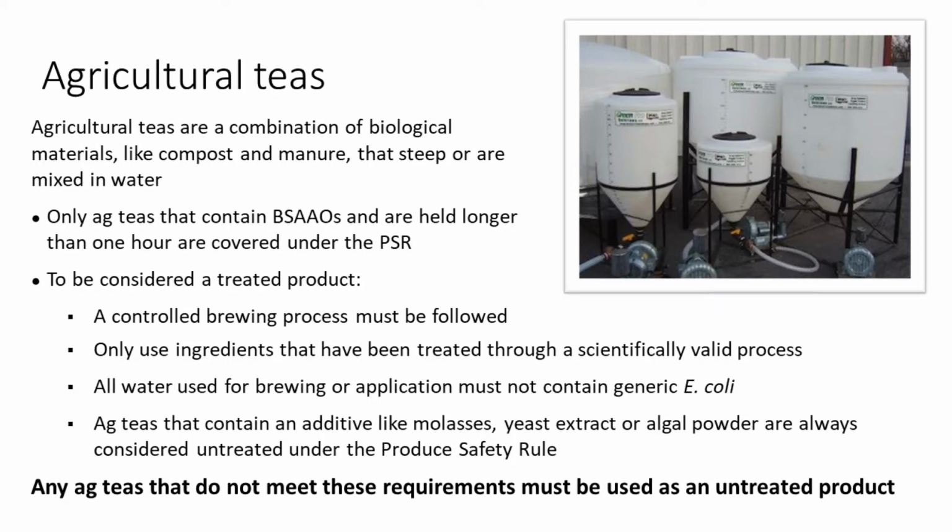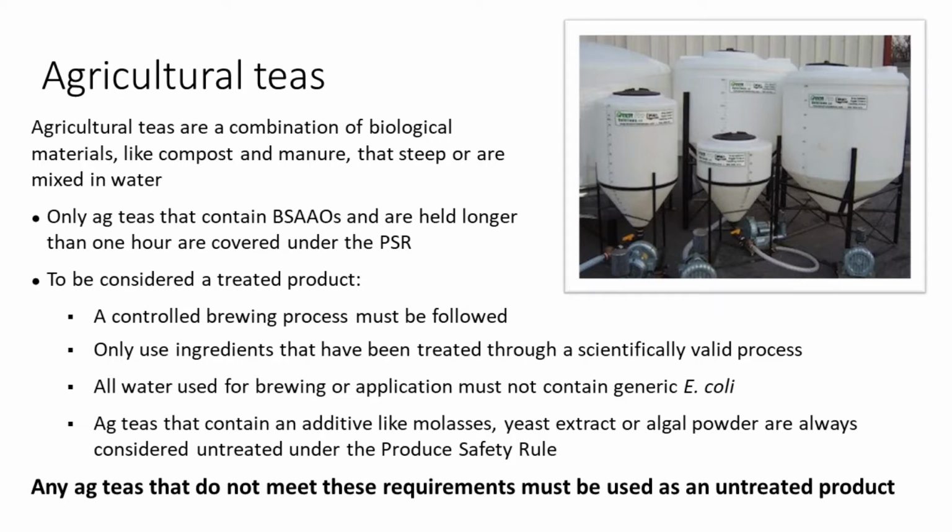And so FDA, that mentioned earlier, that ag teas are only identified as ag teas under the rule if they sit for an hour or longer, and that's because the FDA has identified that if it sits an hour or longer, then that's when the potential for those bad microorganisms or those pathogens can outgrow your good microorganisms.